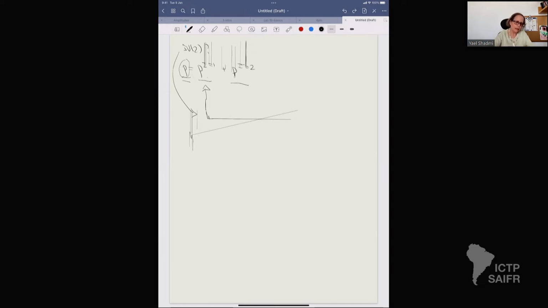So this is the little group that's related to the momentum P.